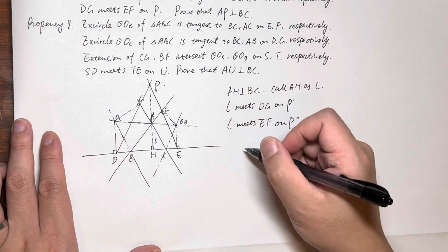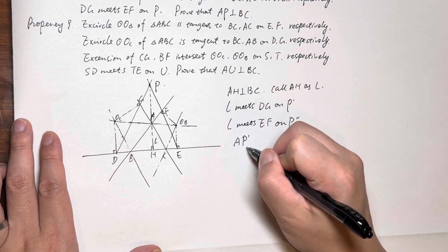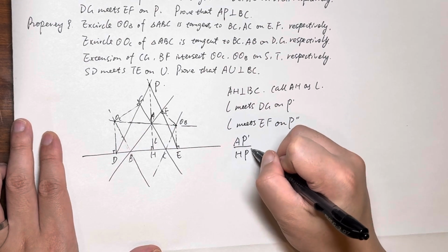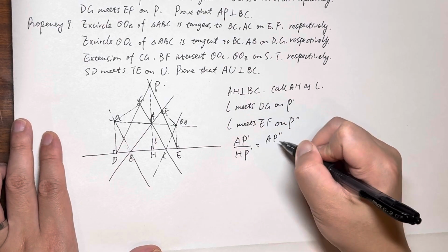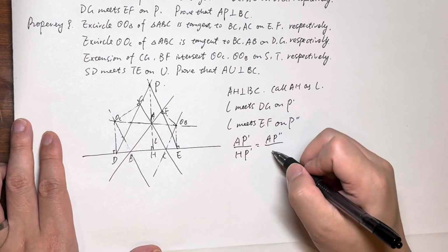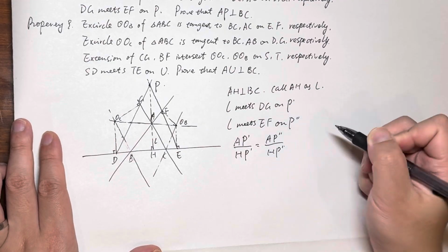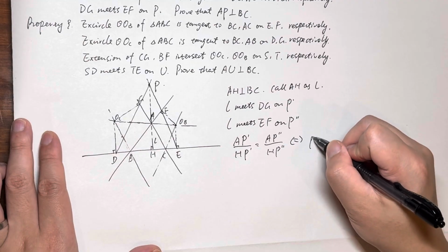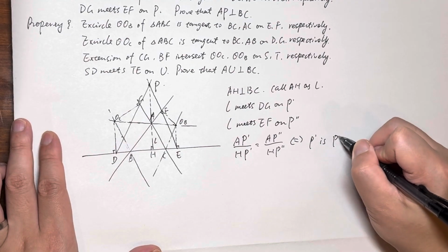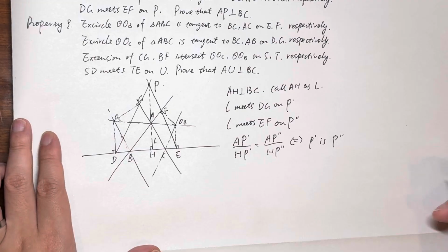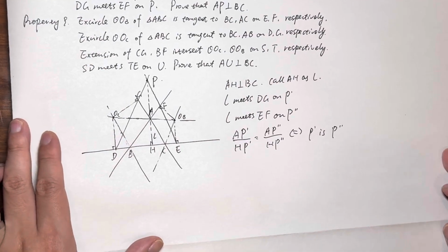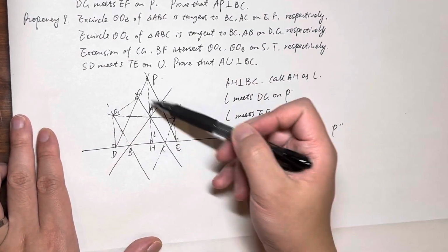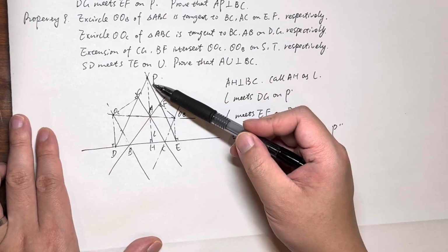And the idea is that if we can show AP prime to HP prime equals AP double prime to HP double prime, then we prove that P prime is P double prime and is the point P, right? Okay, so look here. How can we get AP to HP?